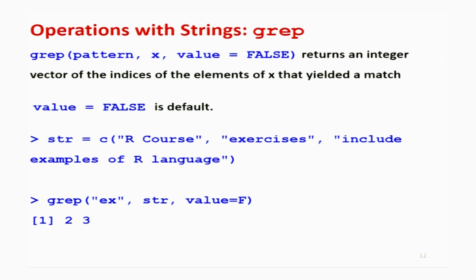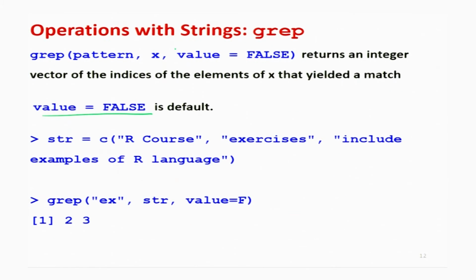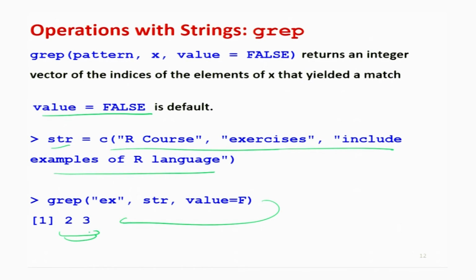So grep gives you all the strings wherever this ex is occurring. Now I do one more thing: I use value equal to false. In the earlier case you used value equal to true. Now I use value equal to false, with the same string str, and the answer now comes as 2, 3. What is this 2, 3? This is location number 1, this is location number 2, and this is location number 3.